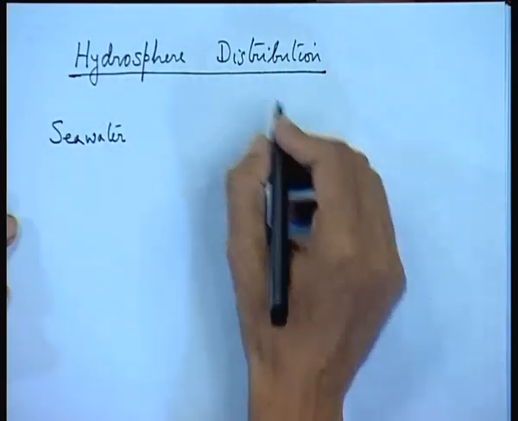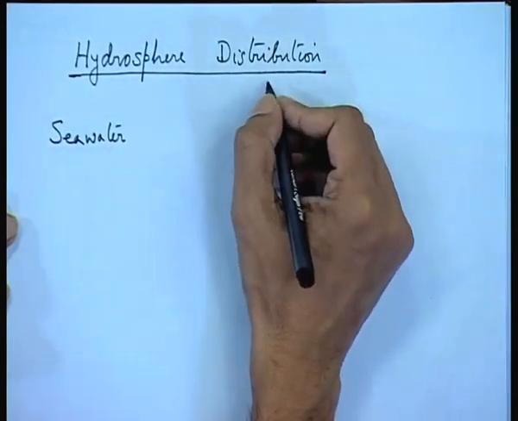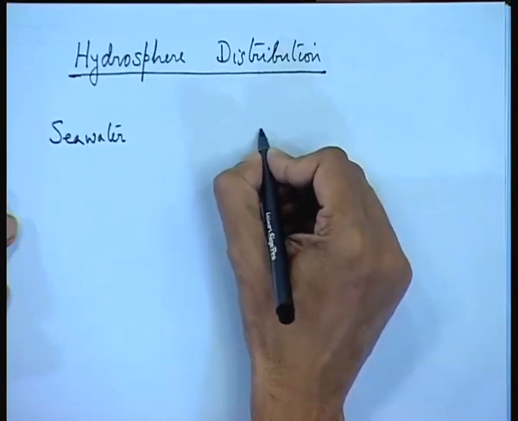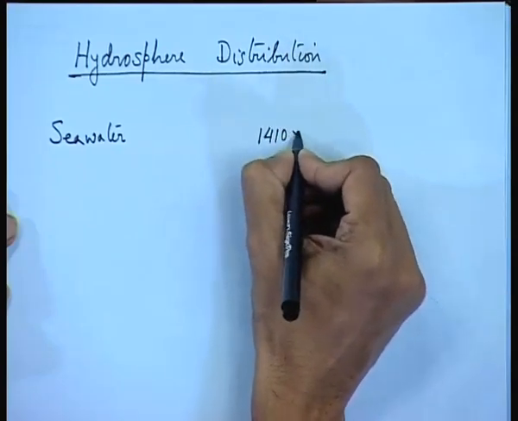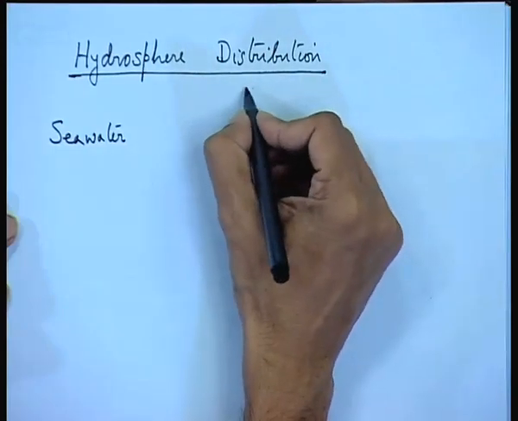But just for curiosity's sake or for information's sake, you can write that the seawater is 1410 into 10 to the power 15. This mass is given in tons.